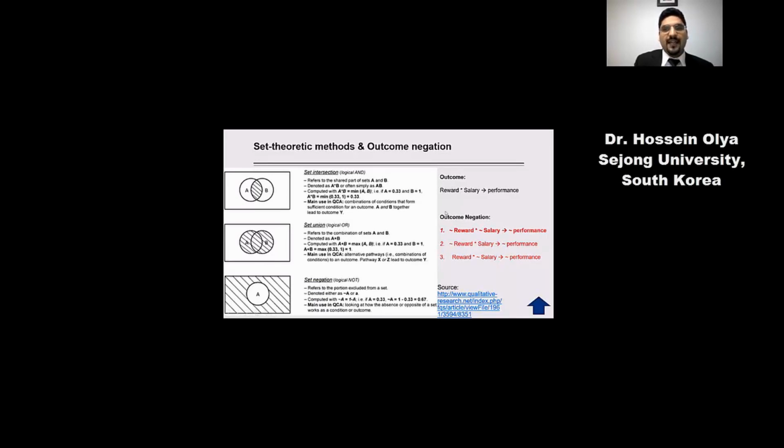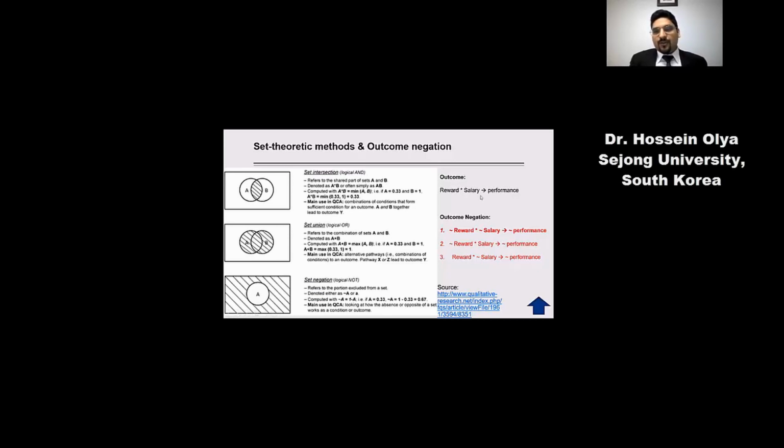What is a set negation? Set negation means one minus the outcome, or the low level of the outcome. Let me exemplify this set negation for the participants.